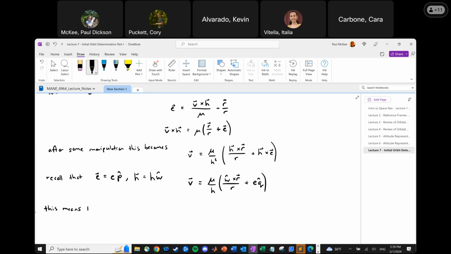This means that if we know h the scalar, w the direction, and e times q together, we can find V as a function of R. So we need some analytical expressions for H, W hat, and E times Q hat as functions of the three position vectors.